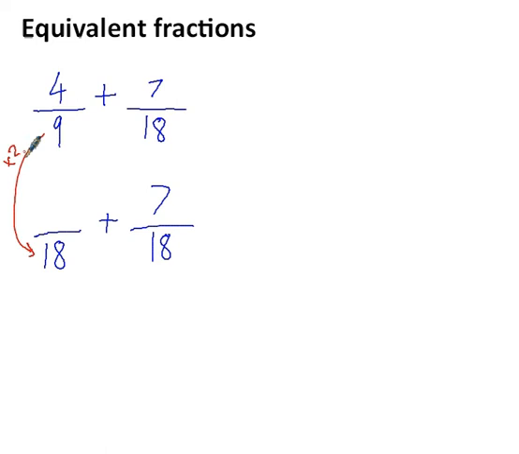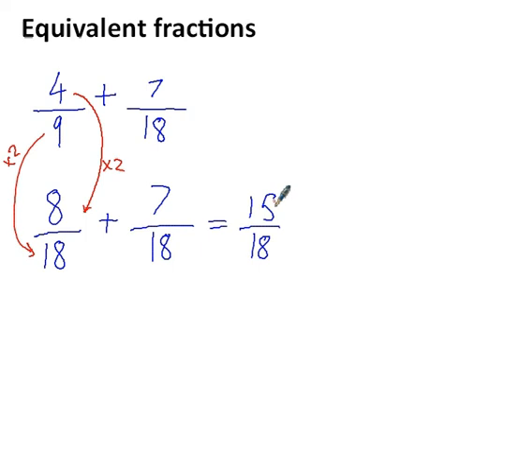So in which case I'm going to multiply the top number as well. I'm going to find an equivalent fraction to 4 over 9 by multiplying the numerator and the denominator by 2. And that's going to give me 8 over 18. Now I can add it to 7 over 18 with no problem. And I would simplify that fraction.